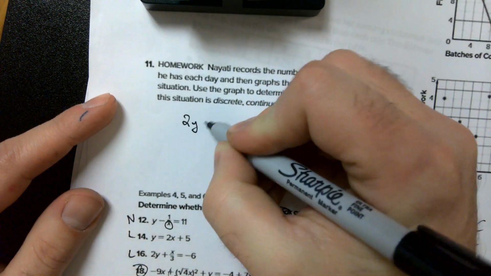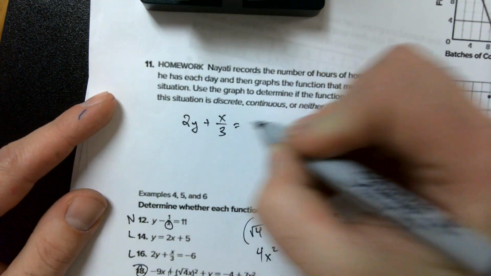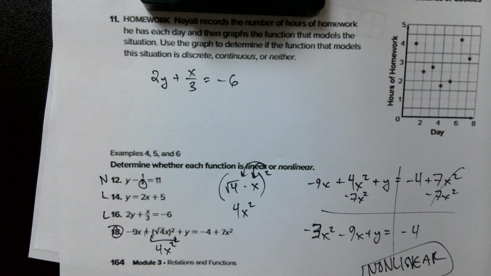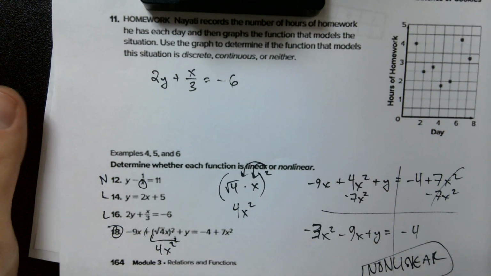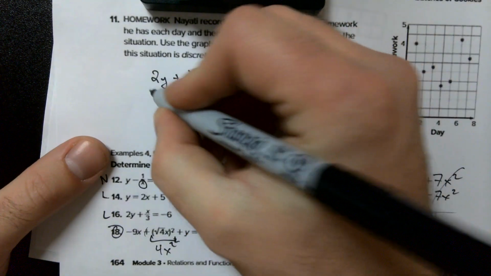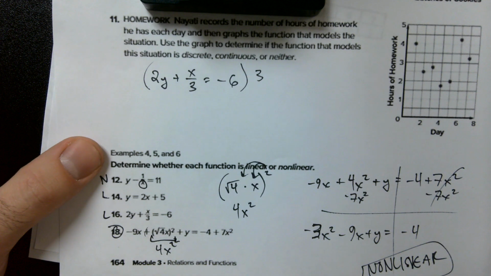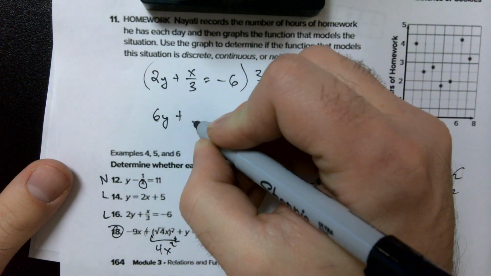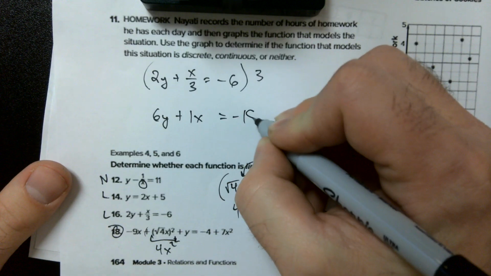So 16, I got 2y plus x thirds equals negative 6. Now, I know it's nonlinear when my x is in the denominator, right? If it's in the numerator, well, I can just fraction bust this out. If I multiply this whole thing by 3, the whole equation, both sides, I get 6y plus 1x equals negative 18.